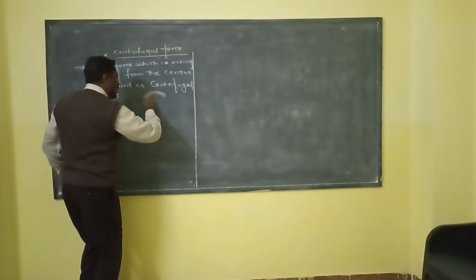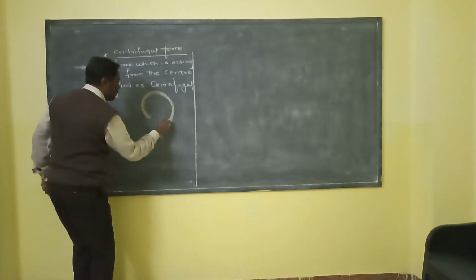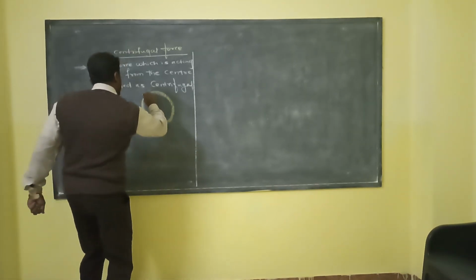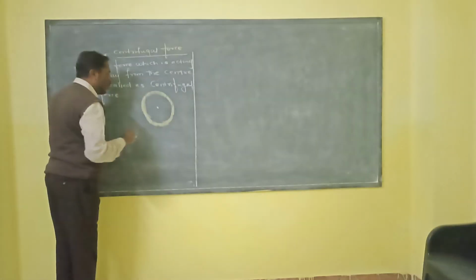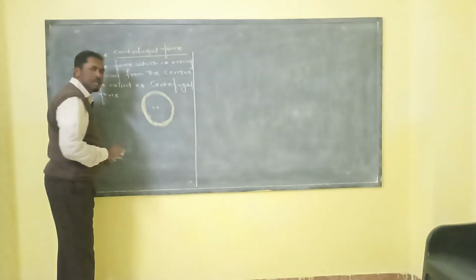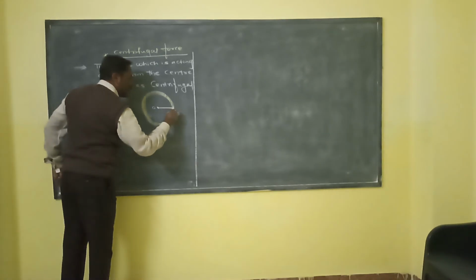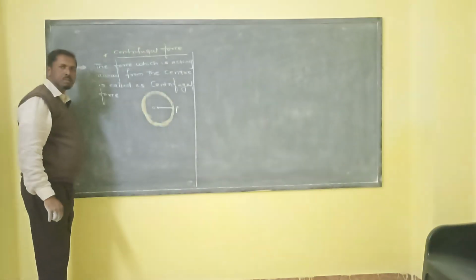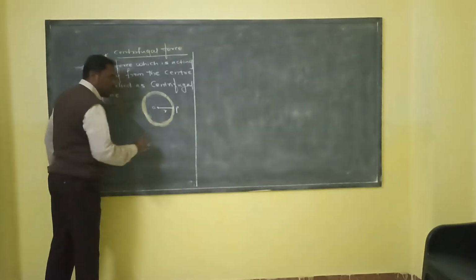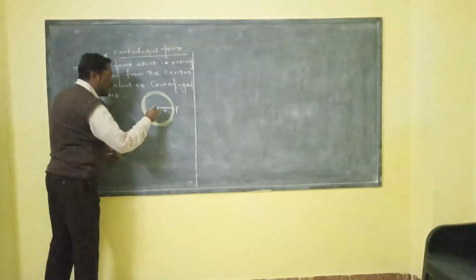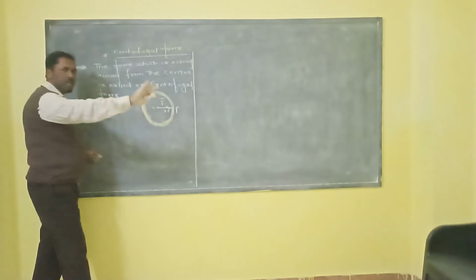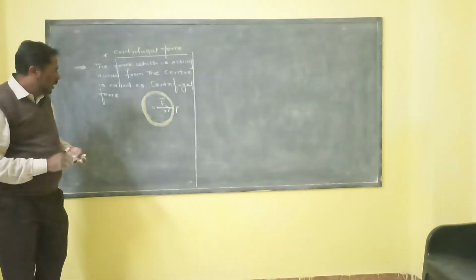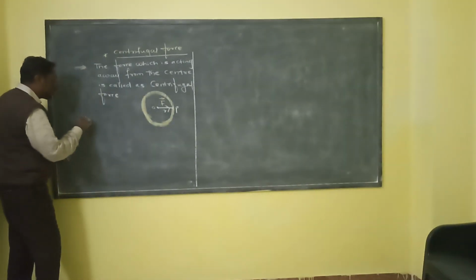We can show this in a diagram in which the force is acting away from the center. Let us consider a simple diagram in which O is the center. A point P is situated on the circle with R as the radius, and F is the force acting away from the center. Now, what are its properties?